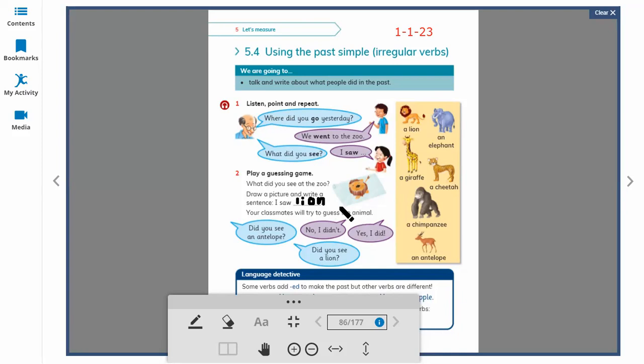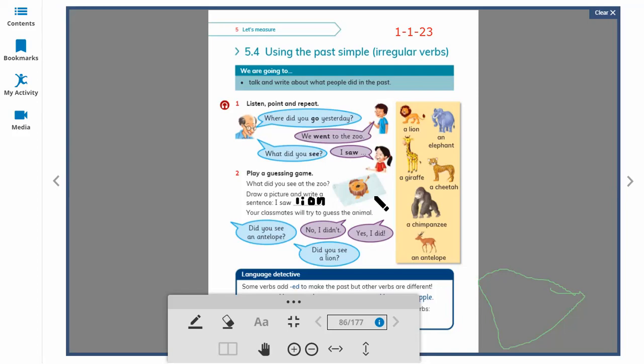Draw a picture and write a sentence. So here is already a picture of a lion, or you can say a mouse. You can write anything that you saw in the zoo. Your classmate will try to guess the animal.